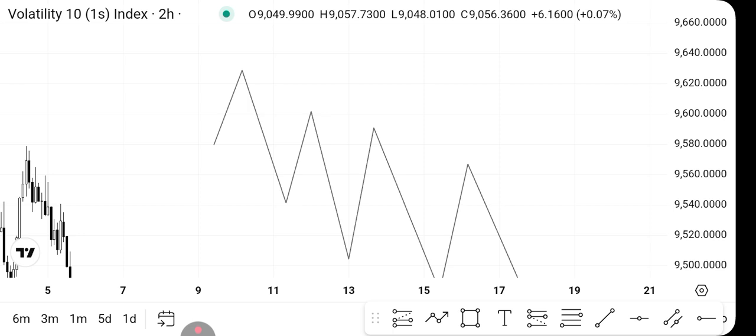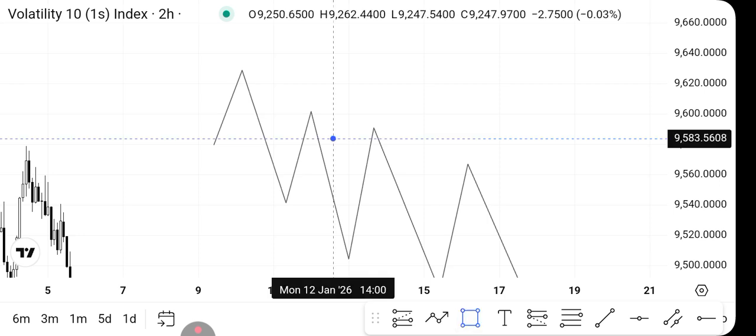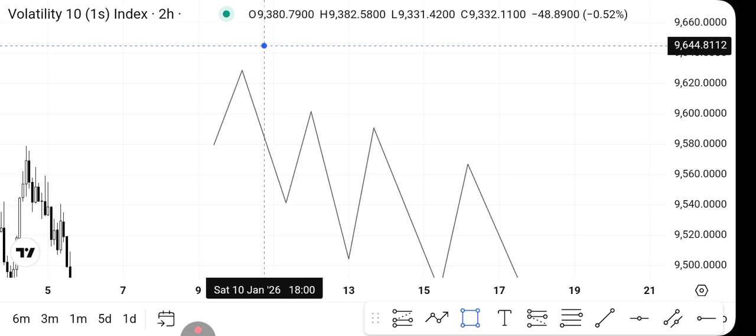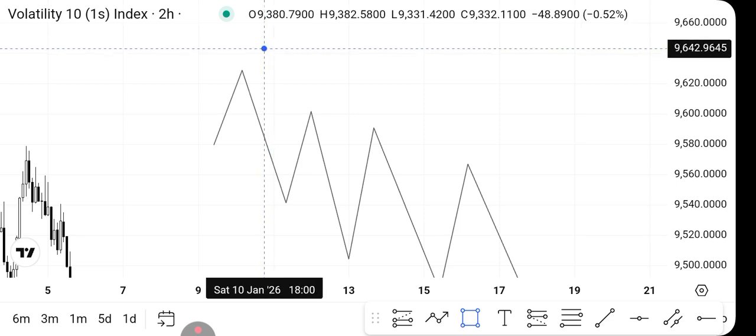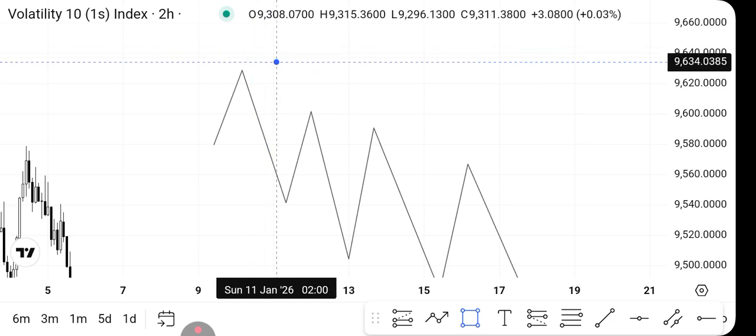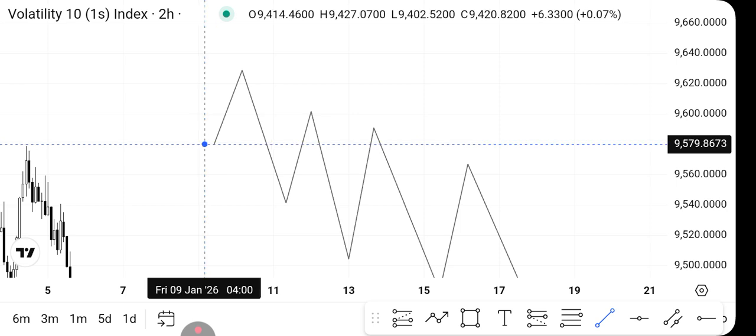Now, for an inducement to be created, there has to be a break of structure, right? What creates that break of structure is called the origin, or a key level, or a point of interest, but I'll stick with the origin. So this is a break of structure here that happened.